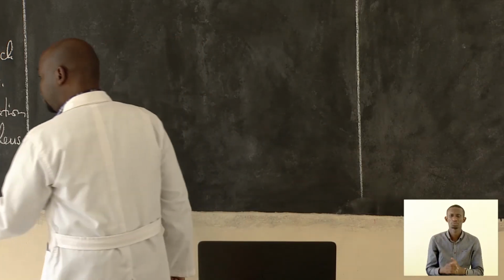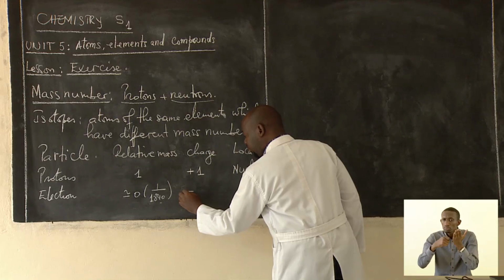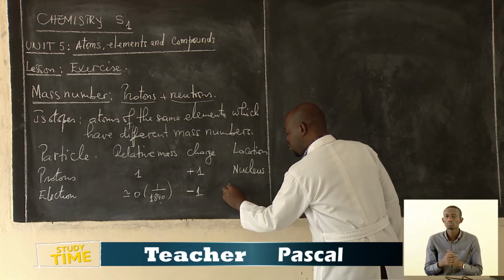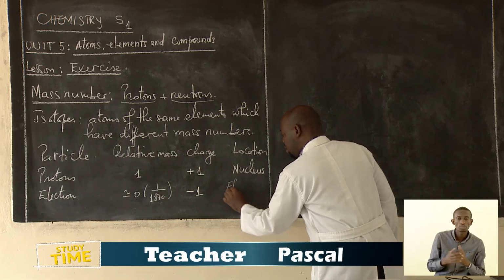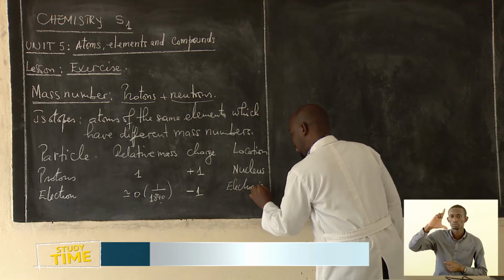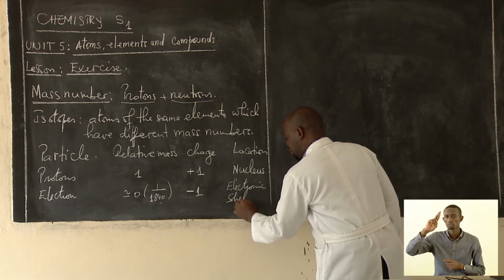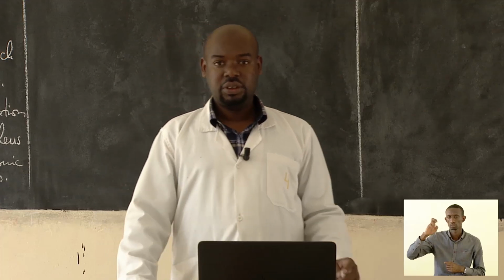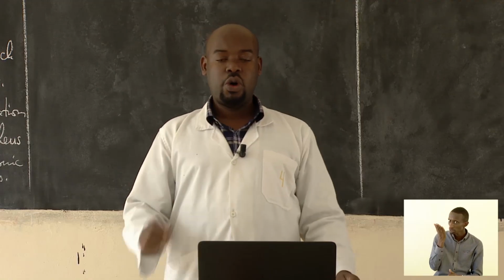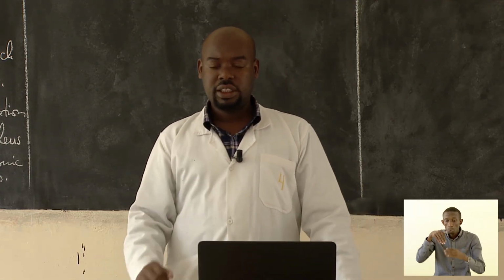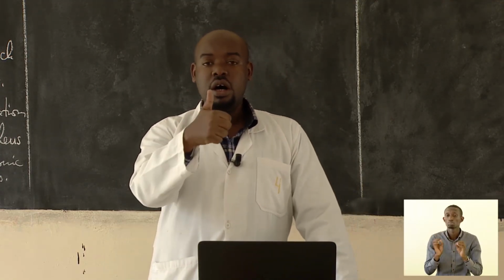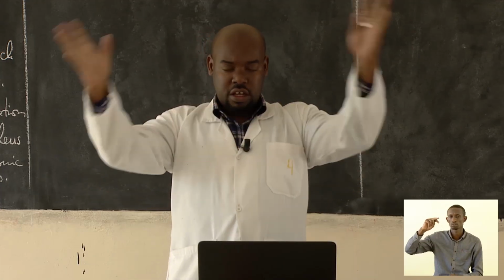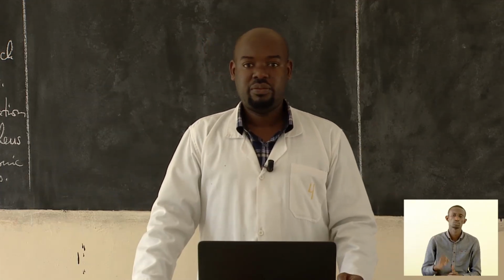And what is the charge? -1, and its location, it is located on the electronic shells. So that is the other particle we do not find in the nucleus, but which is found in the electronic shells, and I mean around the nucleus.